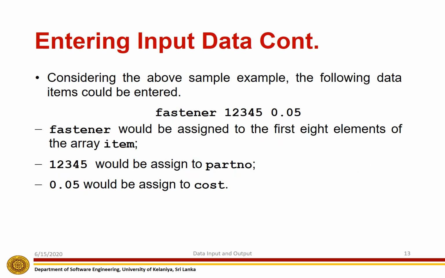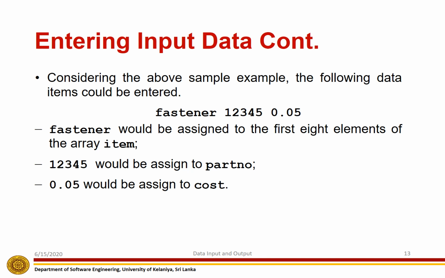According to the sample example that I gave one slide before, think someone entered the input like this: fastener space 12345 space 0.05. So fastener would be assigned to the variable array named item, and the first 8 characters of that will fill.